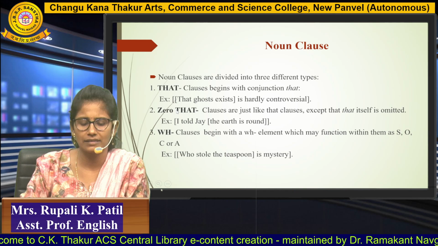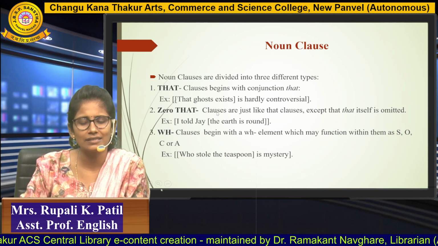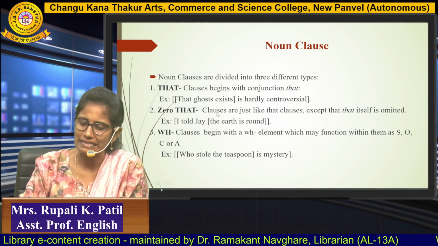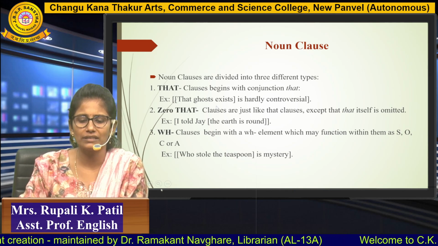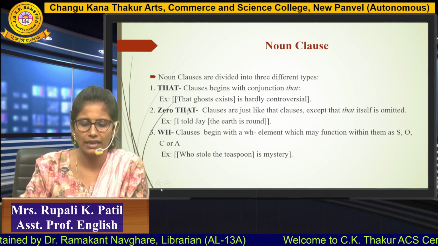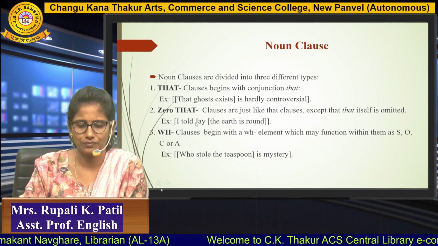The second type is zero that. Zero that clauses are just like that clauses, except that the word that itself is omitted. It is the same as the earlier one, only the conjunction that is omitted. Example: I told Jay the earth is round.